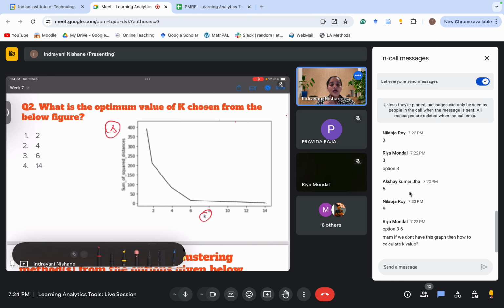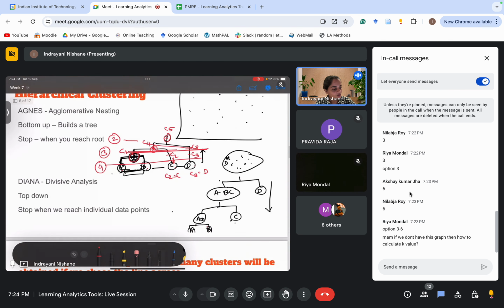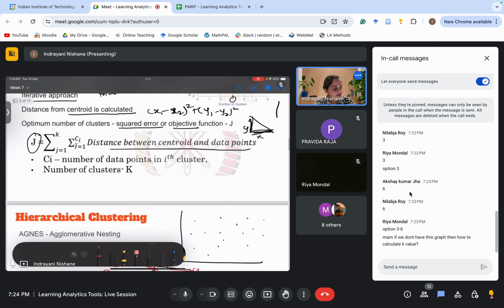So how can we plot this graph? We have to decide how many centroids we will be considering, and using the formula which I had given, the summation of all distances, this J formula, you have to calculate the distance between the centroid and the data points, and square it using this formula.